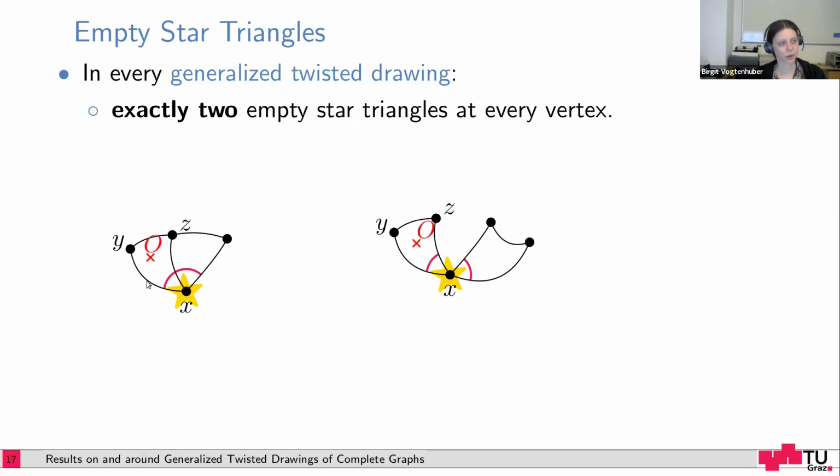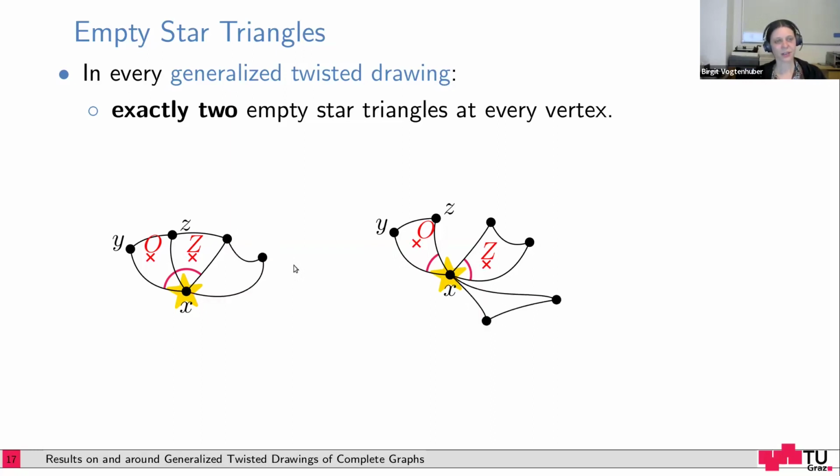So if, for example, O lies in the triangle XYZ, then it lies inside that one, and it lies outside the other star triangle, because those things are interior disjoint. And hence, the second triangle needs to contain our other endpoint of our curve Z.